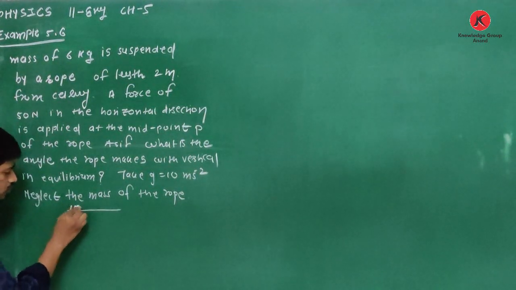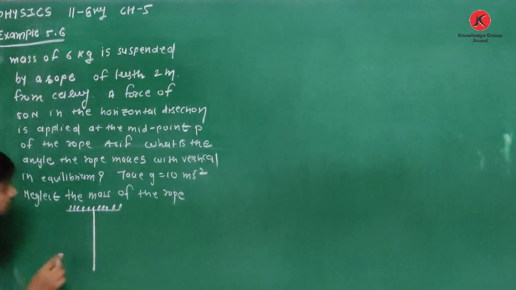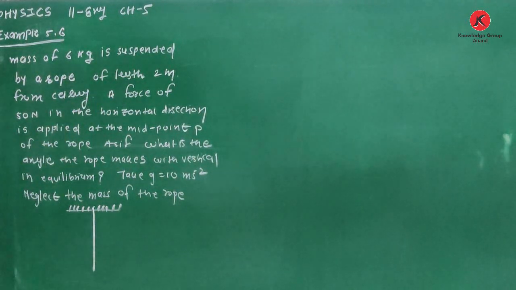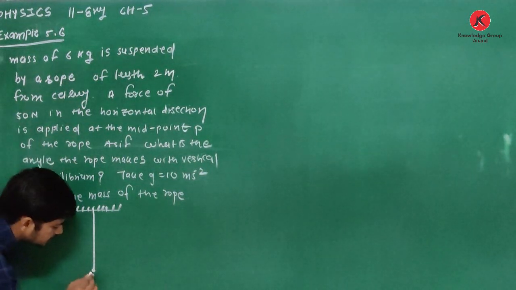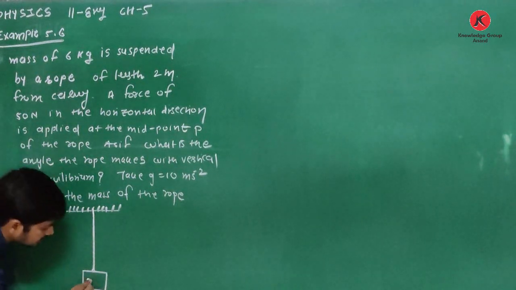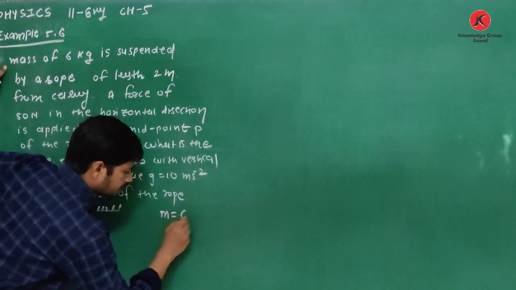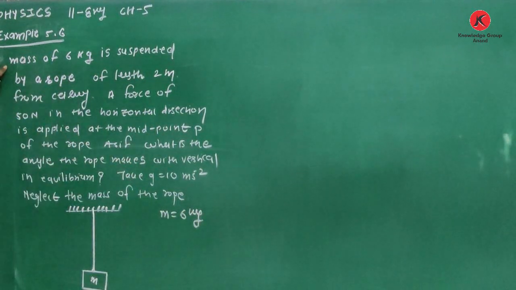You have this ceiling, one rope of length 2 meter is suspended from the ceiling, and at its one end a mass of 6 kg, M equal to 6 kg, is suspended.